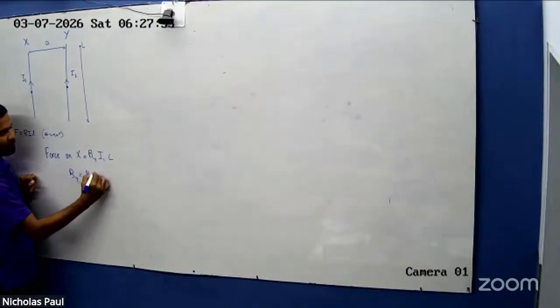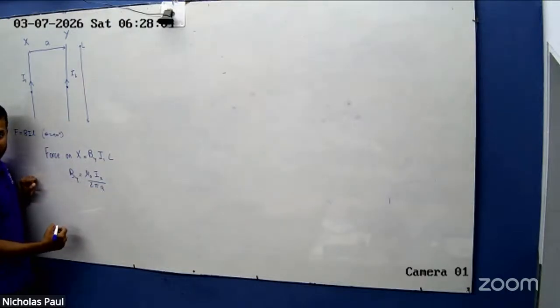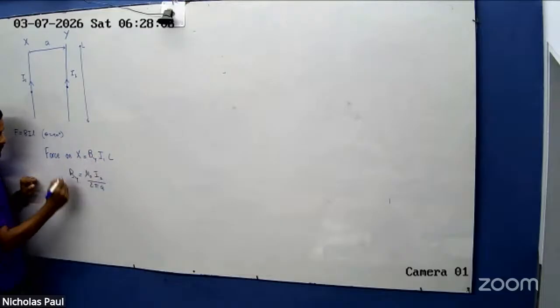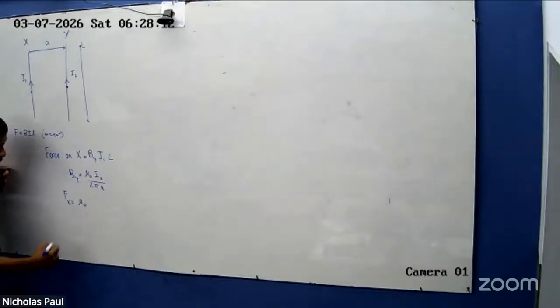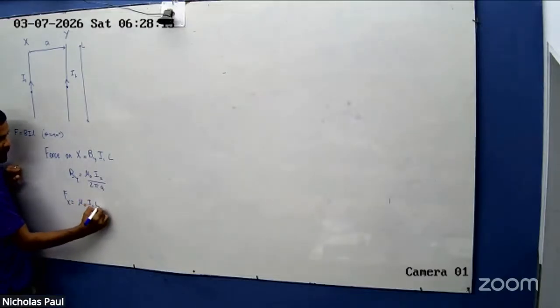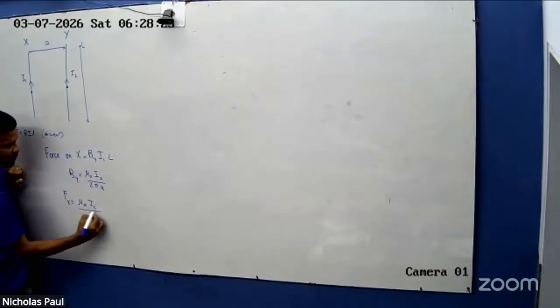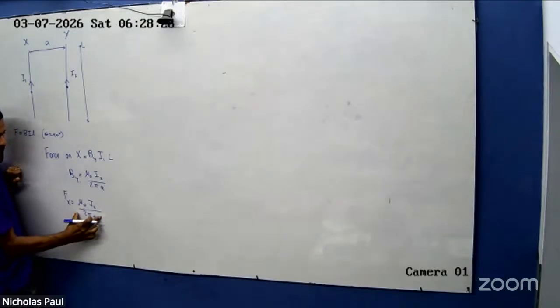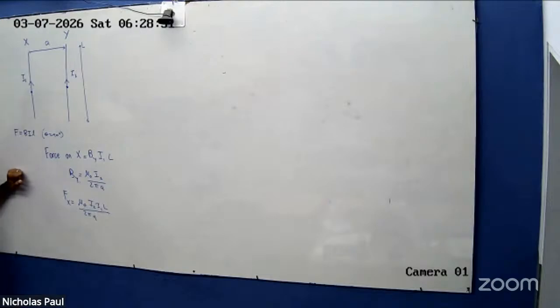It's mu naught I2 over 2 pi times the separation between them, which is A. So if I take this formula and drop it in here, the force on X is equal to mu naught I2 over 2 pi A, that's By, multiplied by I1 L. You're okay with that?